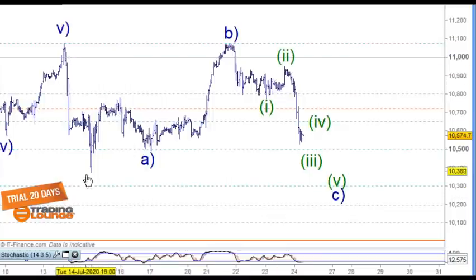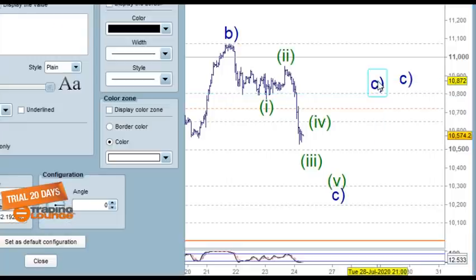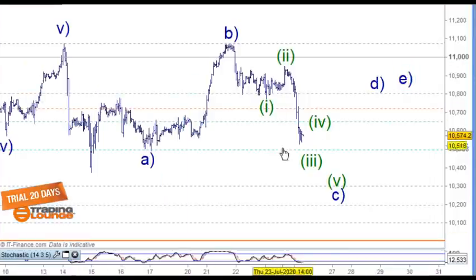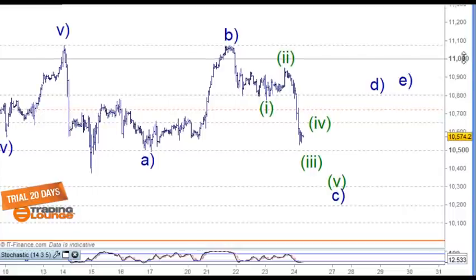So an A, B, C for the A wave, A, B, C for the B wave, and A, B. So basically an A, B, C, D, and E over here, which wouldn't surprise me. That's also possible. What I'm going to do is put these in here just to remind me, like a little yellow note sticker.